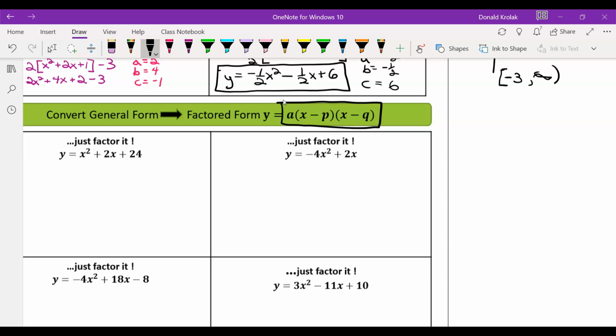Okay, now there's a couple of particular things that you got to keep in mind. If you look at the x's here, there's no numbers in front of them. It's just 1x. So if you did all your work and you ended up with something, let's say like this. Okay, that looks a lot like factored form.